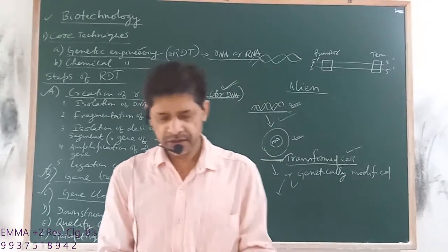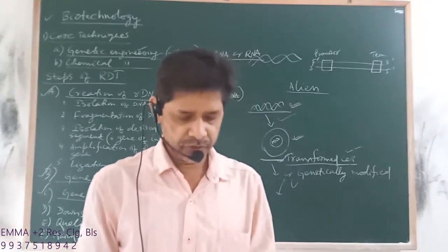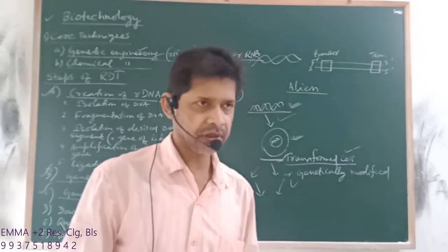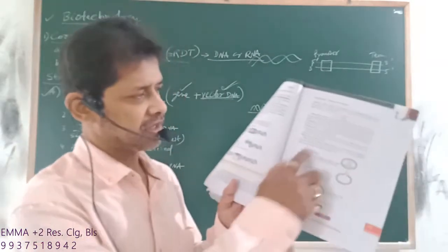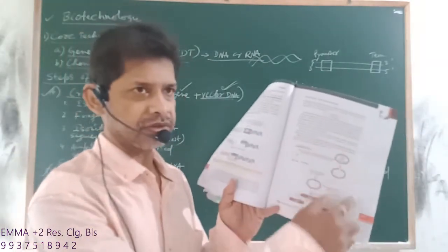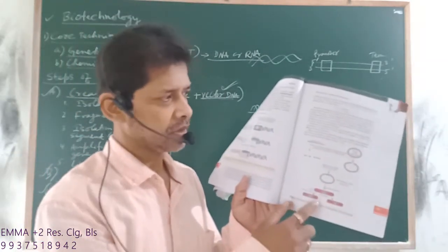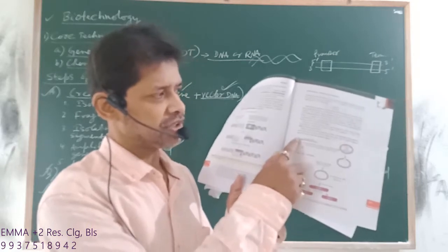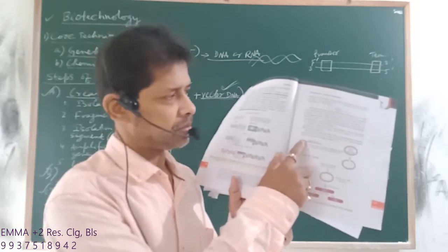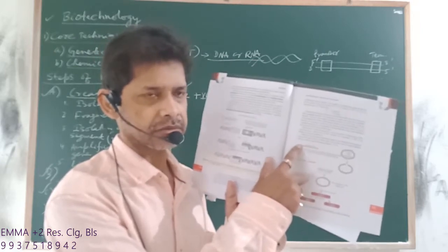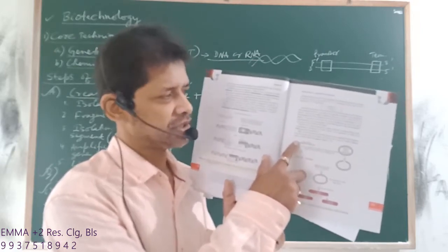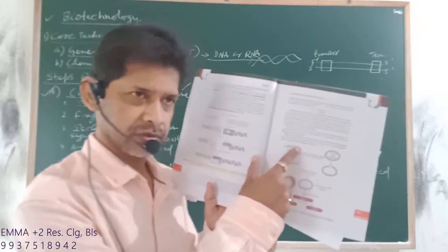Here in your NCERT book, this is the summarized diagram representing recombinant DNA technology. You see here, this is the very long DNA, chromosomal DNA. Suppose this is a DNA from our chromosome.